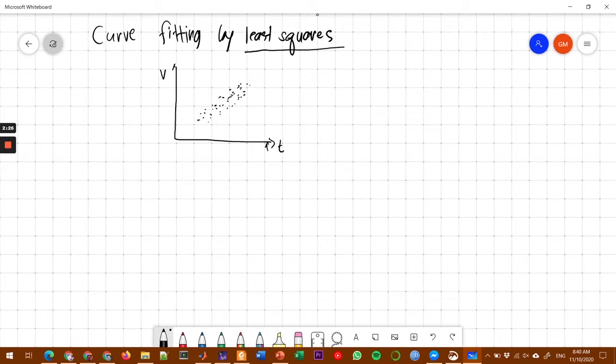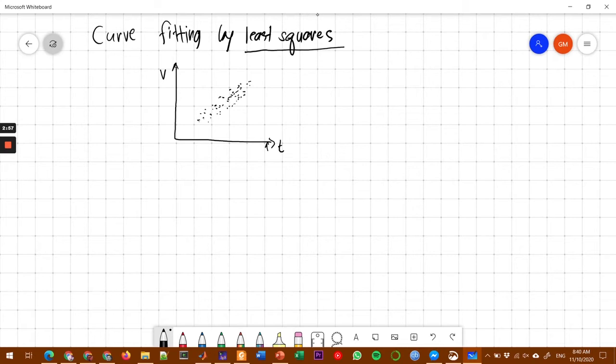Can we predict the value of V for this particular point? Maybe some kind of a function or a model that will capture the behavior of a particular phenomenon. This could be anything, as long as the data points follow this progression. So we want to model this one, we want an equation for it.